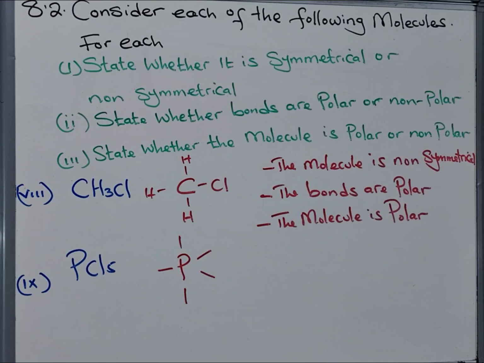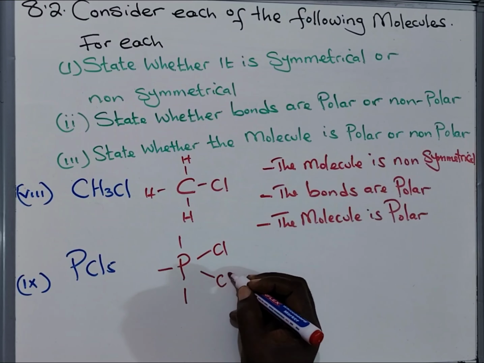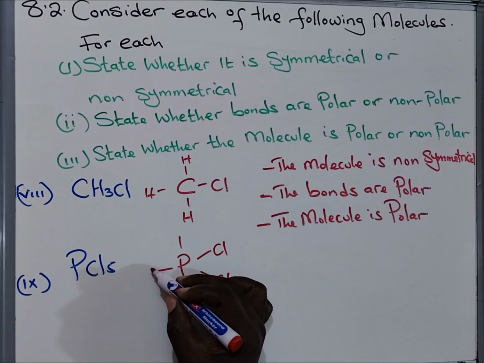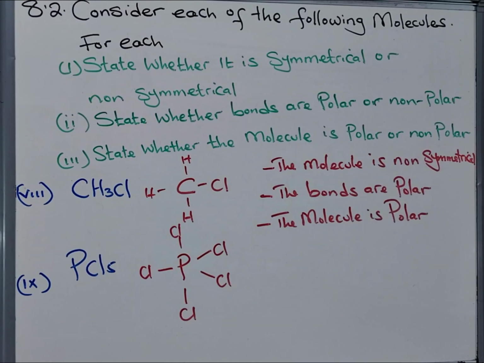Remember all of them are the same. The shape we get out of this, we call it trigonal bipyramidal. It is a symmetrical shape. So the molecule is symmetrical.